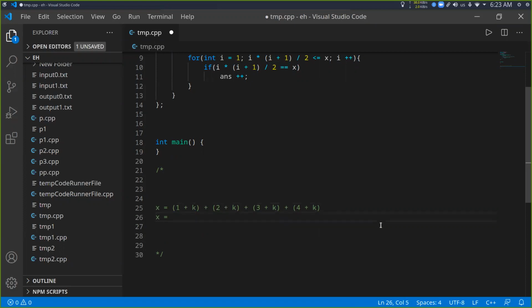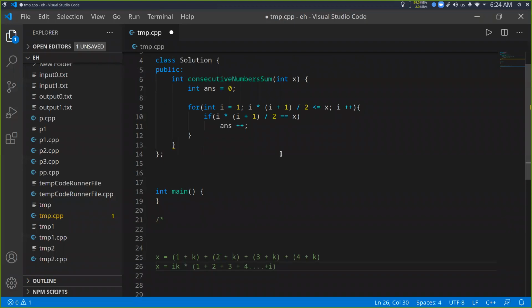So this will be equal to 4k plus (1 plus 2 plus 3 plus 4). Okay, where did this 4 come from? So this 4 actually equals i, because I'm ending at 4, and that means if I'm ending at i, then x equals ik plus (1 plus 2 plus 3 and so on until i). Okay, did you get that?